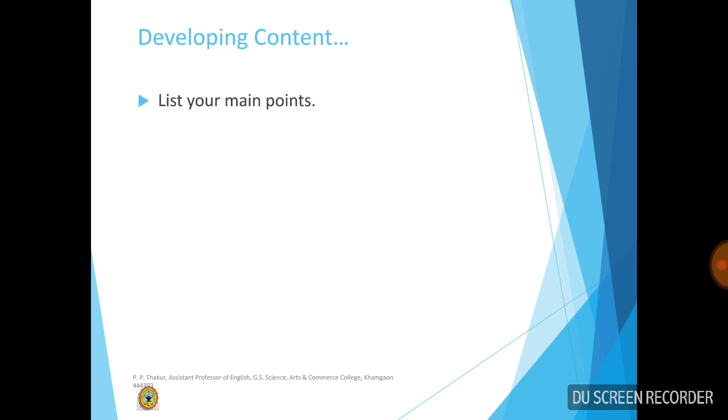Next step in developing content is to list out your main points. You can use a note card or a cue card to list your main points. These main points will be included in your PowerPoint slides or your cue cards. Then you should develop your arguments based on the main points that you have listed.